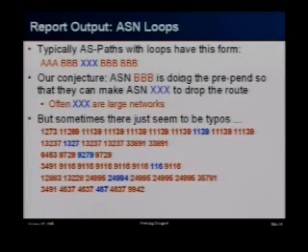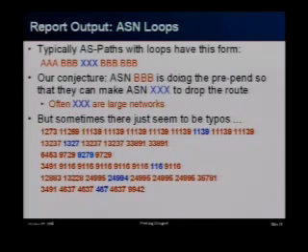Some observations about ASN loops. What we observed was that AS paths, when they had loops, had this particular form. So you had basically the AS which was forming the loop, with another AS in between. So you had something like BBB, then XXX, and then a few more occurrences of BBB.